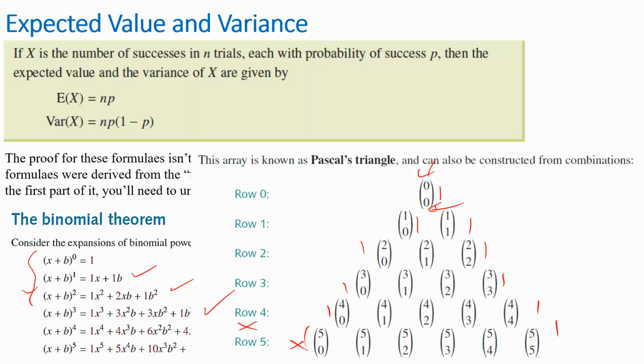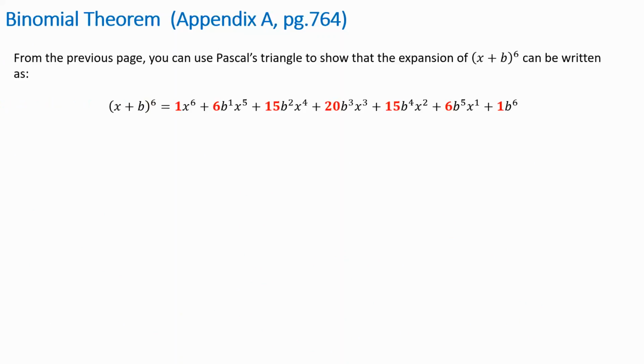Why do you want to know this? Because it leads into, so for example, this is 1, 2, and 1. What you're going to get is in Appendix A 764. Again, you can go through this slide if you want, but I try to explain what they're trying to explain, okay? This is how you would have learnt it using Pascal's triangle.